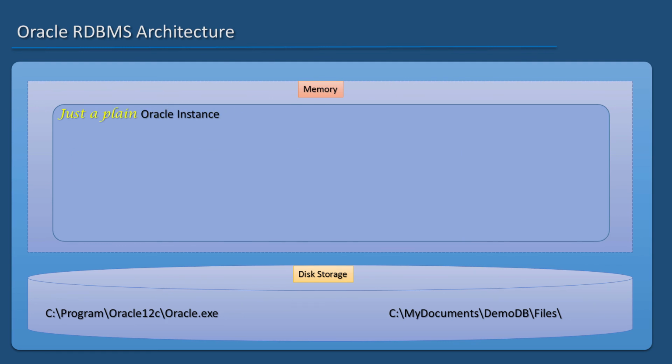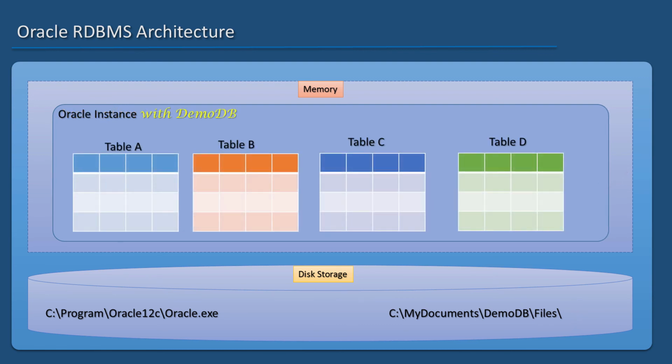This memory structure is called as an instance. The files in the disks are called database files. We have an operational Oracle RDBMS system. That means that we have at least an instance online with database opened by it.